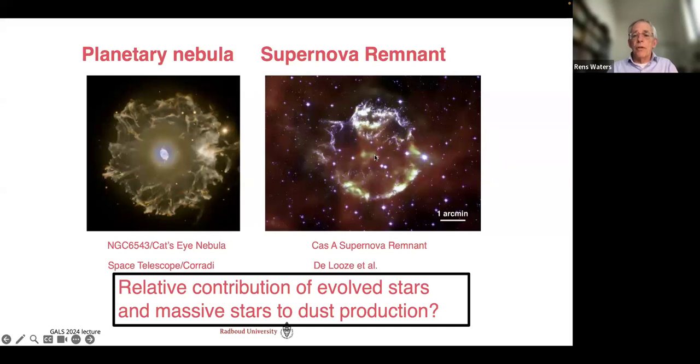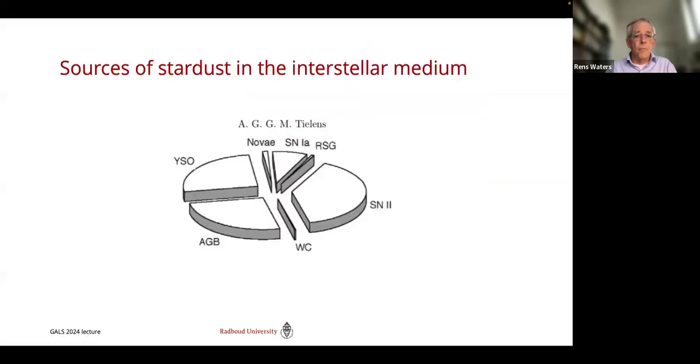Also from pre-solar grains, we know that supernovae produce dust that is then found in these meteorites, although at very, very tiny abundances. What we still don't know is the relative contribution of these evolved stars and massive stars to dust production. That is a topic of ongoing investigation, also with ALMA and with the James Webb Space Telescope.